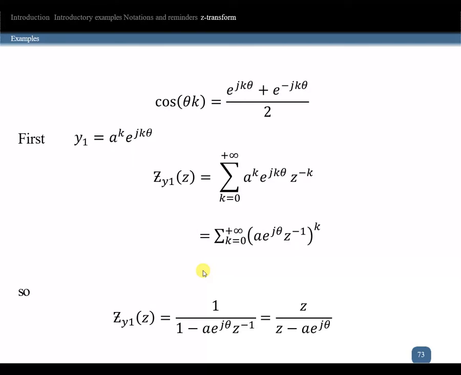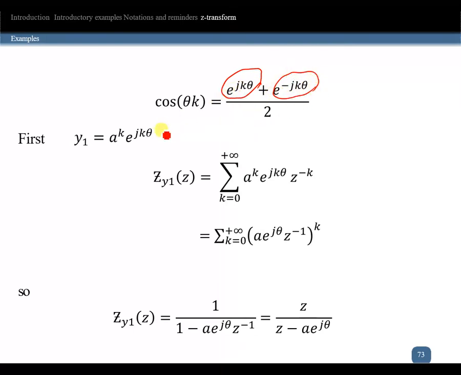We go ahead, we just change the cosine theta k by (e^(jkθ) plus e^(-jkθ)) divided by 2, and we put them one by one in the definition of the z transform. First of all, I put this one, then I put this one, and I see what the result is.